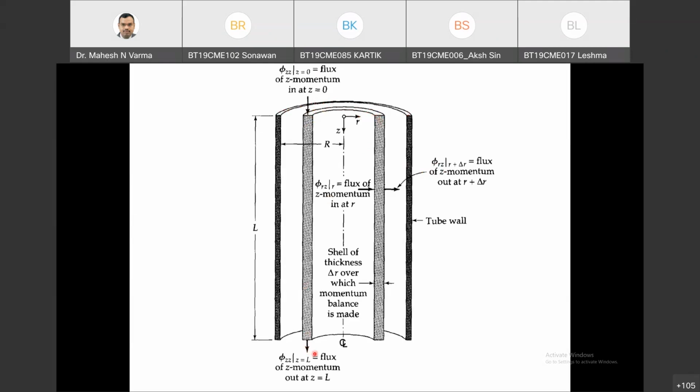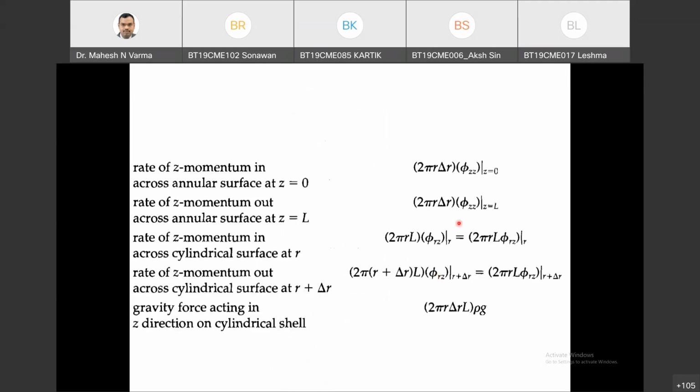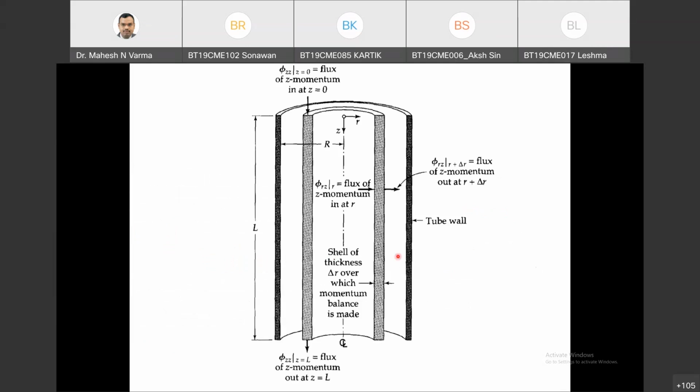Now similarly, this will be the rate of z momentum going out in the z direction, at z equals L. That will be phi zz multiplied by twice pi r into delta r, with phi zz estimated at z equals L. Earlier it was phi zz estimated at z equals 0. Then the rate of z momentum in across the cylinder at r, which surface am I talking about?